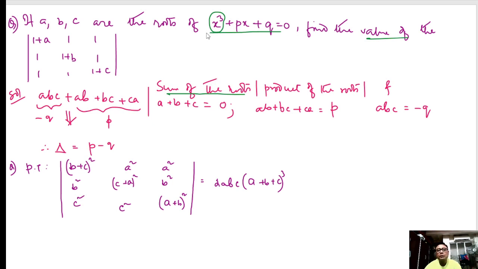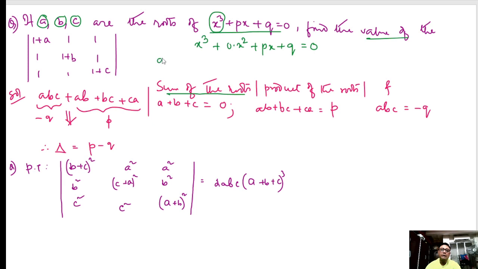So this equation, if I write it properly, is x cube plus 0x square plus px plus q. So the sum of the roots is actually coming 0.